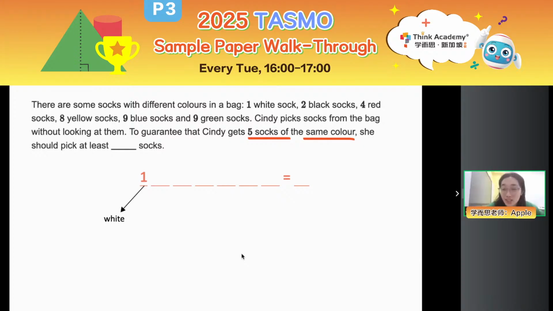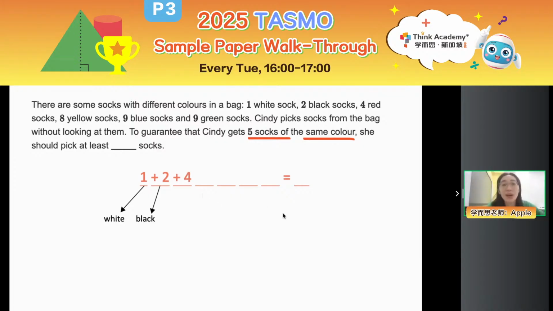Because 1 is smaller than 5. Then what is the second one? Yes, plus 2. What is the meaning of 2? That is for the 2 black socks, okay? And again, even if Cindy takes out all the white and the black socks, she still cannot get 5 socks of the same color.